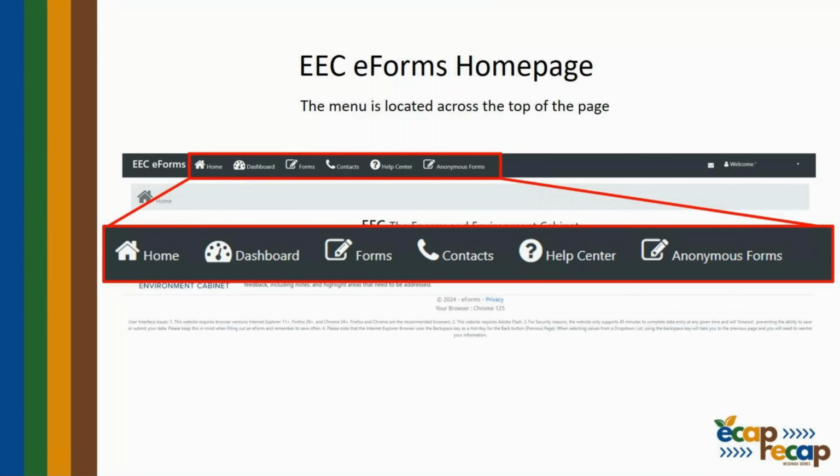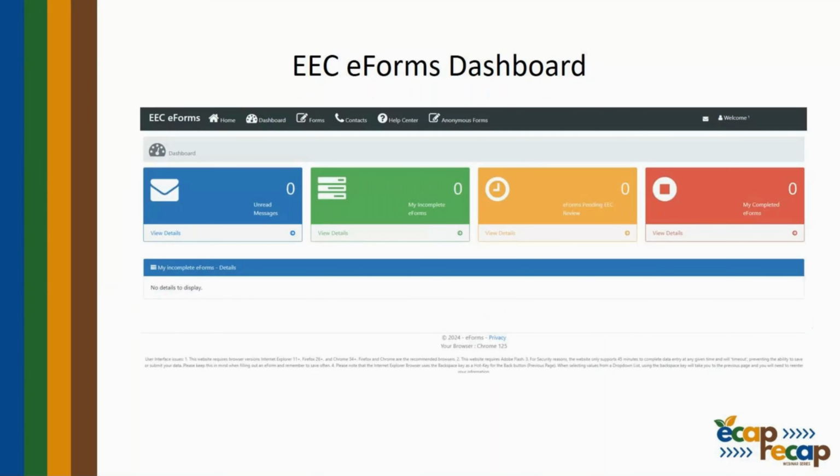This is what we're going to see, our eForms homepage. When we log on, we want to be here. You can see the toolbar going across the top. We'll talk about all of them, but the main ones you're going to use are the dashboard and the forms. When you click on dashboard, you can see all the little different color boxes.